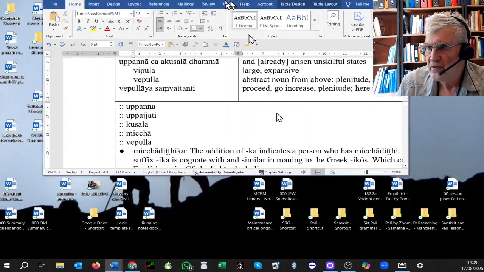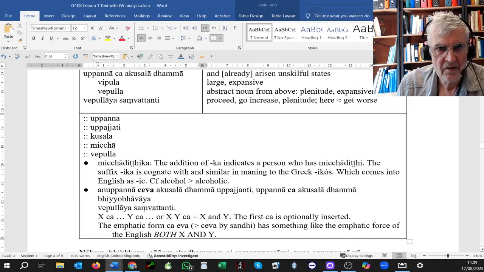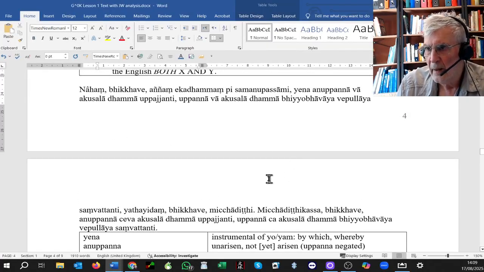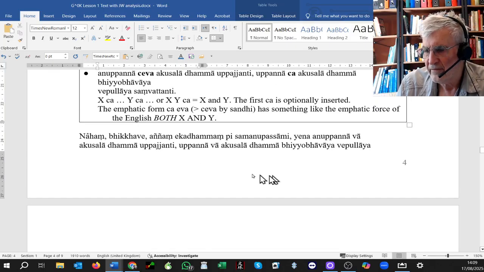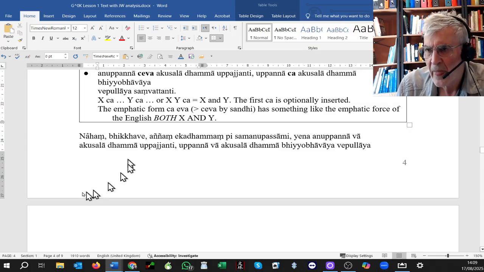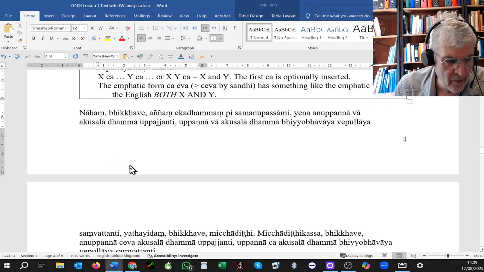Now I'll do the same with the next paragraph, which is very largely a repetition of the first. In fact, in the opening lines, you'll recognize these from the previous reading, the opening words, I should say. Naham bhikkhave.